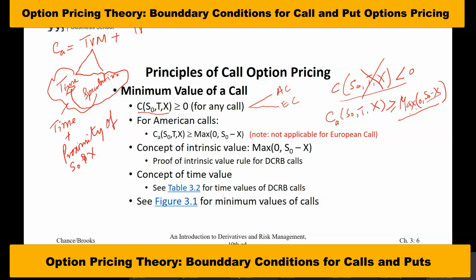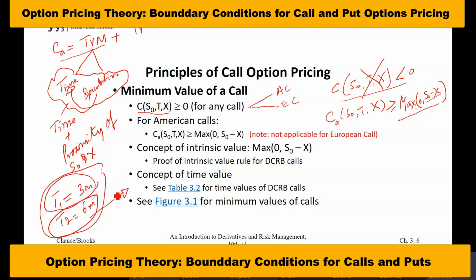Now let's talk about the time value of money. We're going to talk about it later as well. Suppose you have one option that expires in 3 months, and another option that expires in 6 months, keeping all other things constant like the stock price and the exercise price. Which option should be carrying more value? The option that expires in 3 months or the option that expires in 6 months? It will always be the second one.